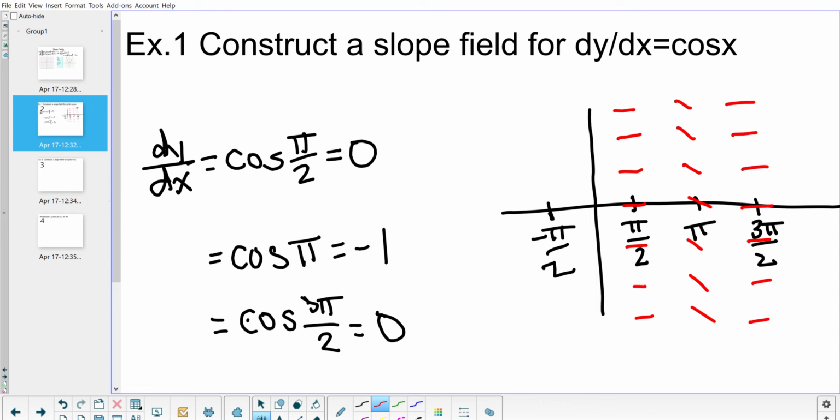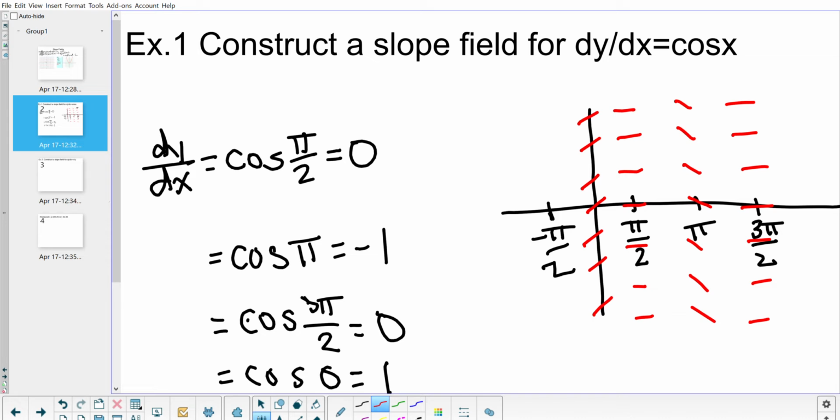Okay, what about 0? I kind of skipped 0. What is cosine of 0? At 0 radians, it's positive 1. So at 0, all along x equals 0, I'm going to draw a slope of positive 1.